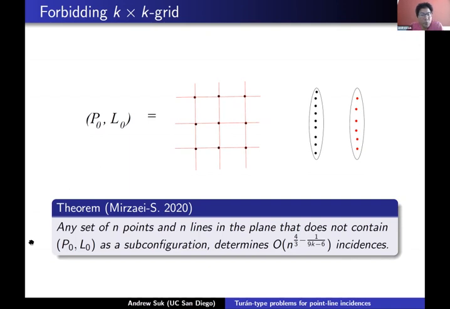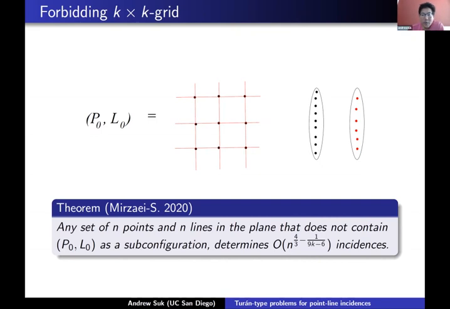And what we showed was that any set of n points and n lines in the plane that doesn't contain this k by k grid as a subconfiguration determines at most n to the 4/3 minus this quantity here, number of incidences.